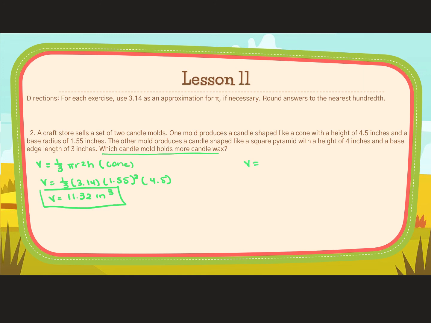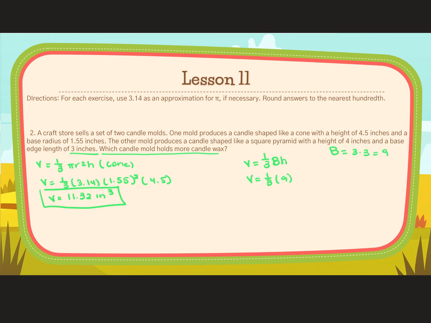All right, now let's look at the volume of the pyramid. So that's going to be V is equal to 1/3 times the area of the base times the height. We see that it has a base edge of 3 inches. So the area of the base is going to be 3 times 3, which is 9.